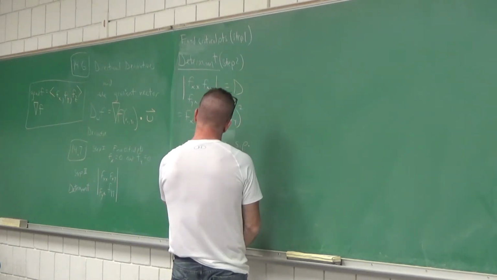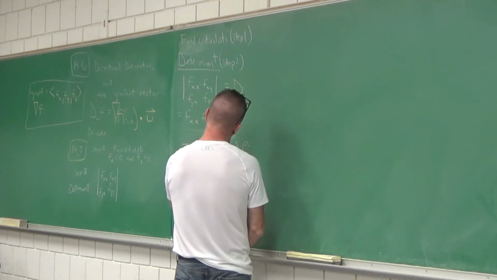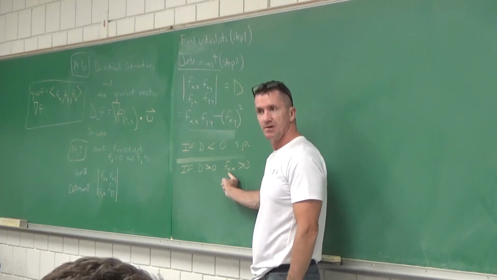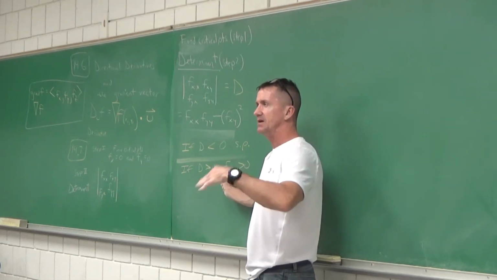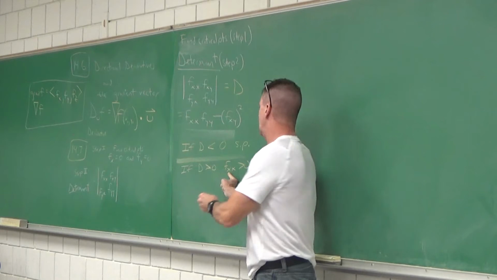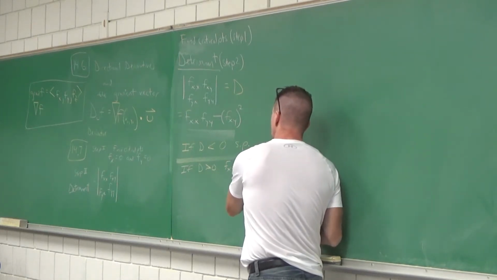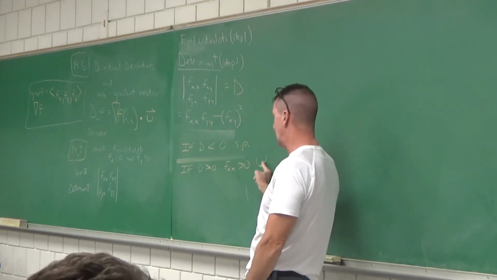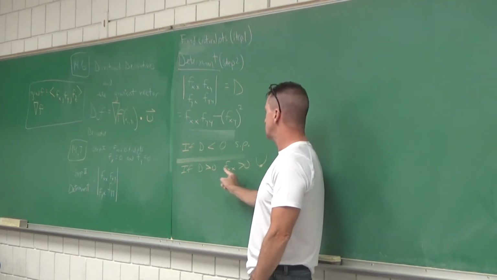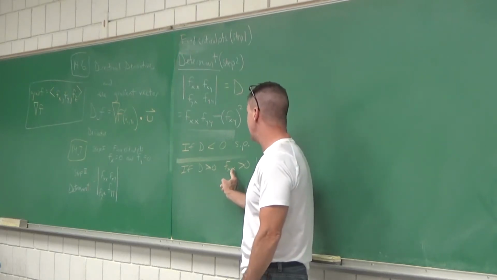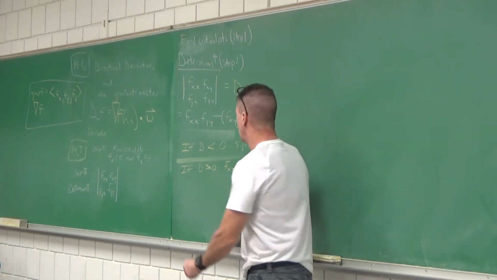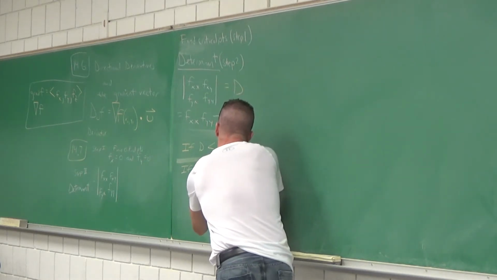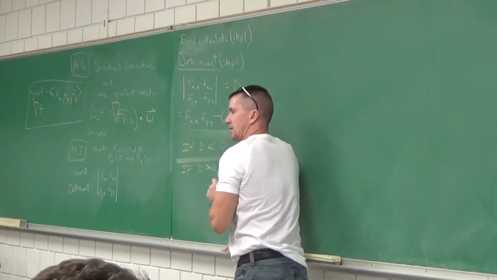Go check fxx. If fxx is greater than 0, do you all agree that's the second derivative? Do you all remember concavity? When the second derivative is positive, concave up, it provides a minimum. See how I drew concave up? So if the determinant is greater than 0 and fxx is greater than 0, then you have a local min at that point.